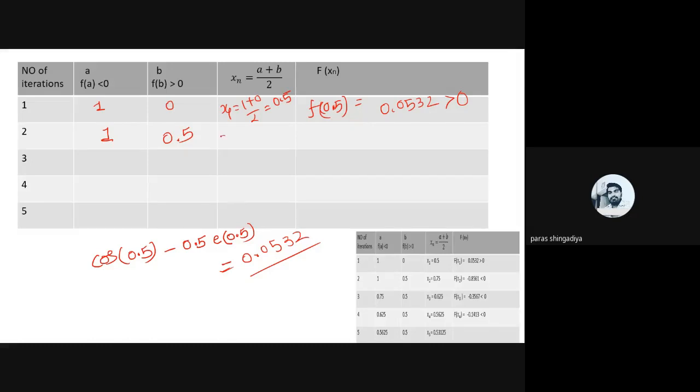Okay, so in x2, find the average of 1 plus 0.5 by 2, that is 1.5 by 2, and that will be 0.75. So now check the answer of f of 0.75.